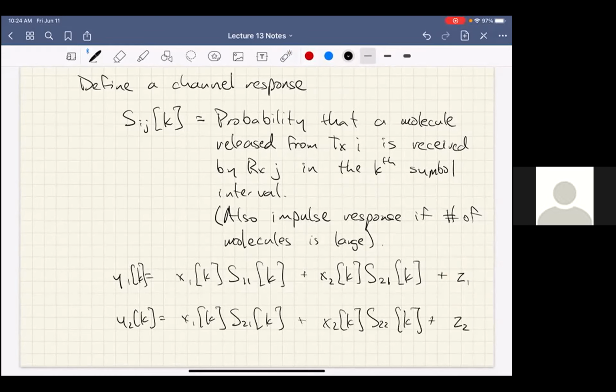Now, you'll notice that we ignore ISI, and I'm going to ignore ISI for the purposes of this lecture simply because we have to simplify things in order to fit in the time allowed. ISI is actually a huge issue for these systems. So my ignoring ISI is not to suggest that it's not important. It's just that we don't have time to talk about it.